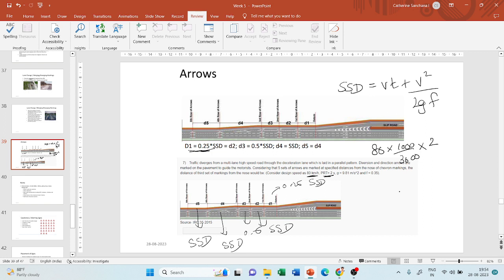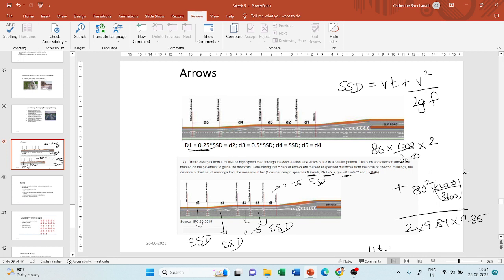So into 2, plus V square: 80 into 1000 by 3600, the whole square, divided by 2 into g, where acceleration due to gravity is 9.81, and f they've given as 0.35. If you calculate this, you will get SSD as 116.36 meters. So this is my SSD.